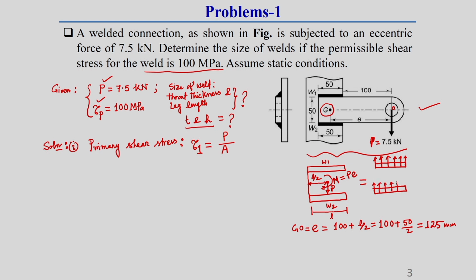The direction of the externally applied force P, because here this externally applied force P is downward. So, the resisting shear stress developed inside the weld due to this direct force P will be just opposite to the direction of that applied load.